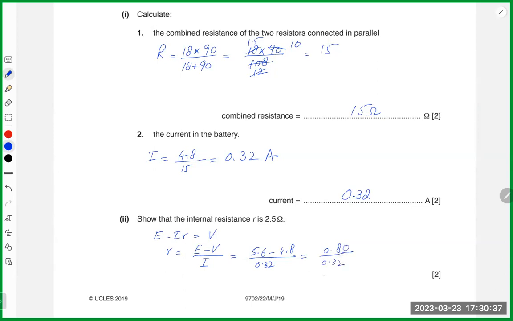Let's make the number of decimals equal and cancel decimals. 80 over 32, which is 2.5 ohm.